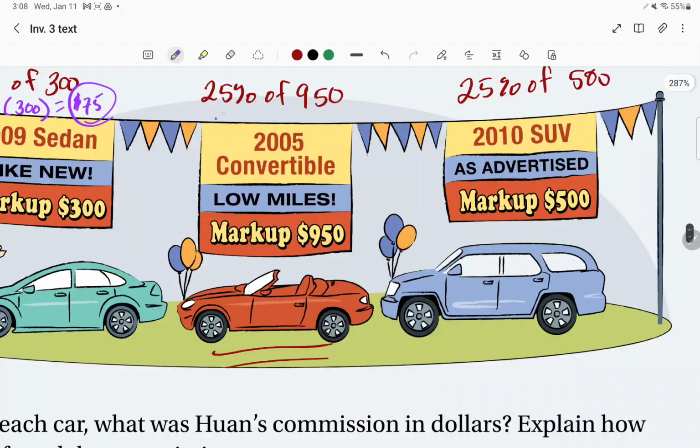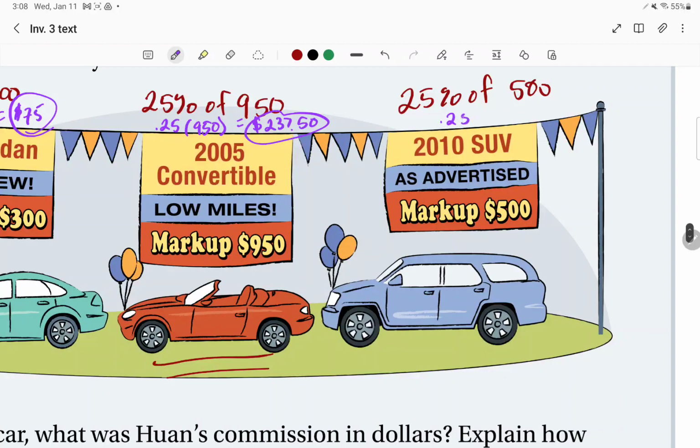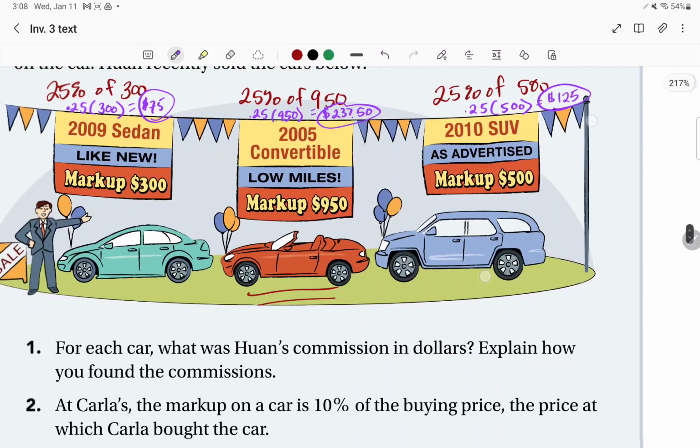On this second one, you would take 0.25 times 950, and you get $237.50. And on the last one, you would take 0.25 times 500, and he would make $125 on that one. Okay, so that's part one.